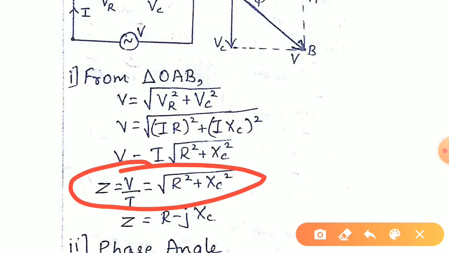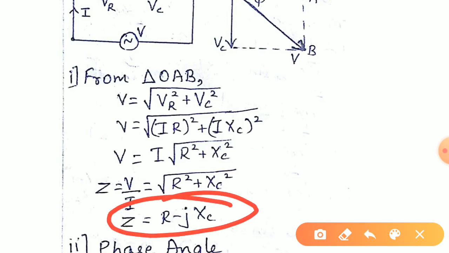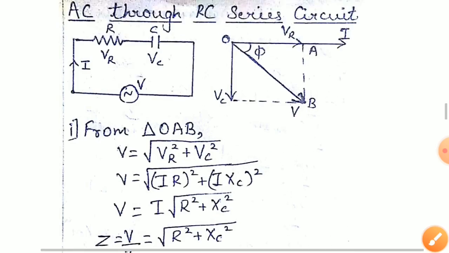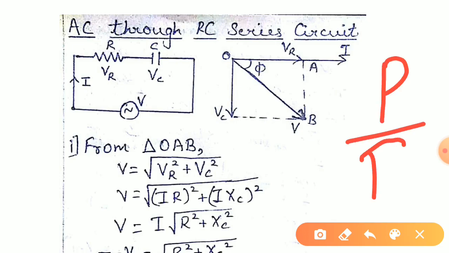If we take the equation in complex form, then we can have Z is equal to R minus JXC. If we talk about the phase angle, then we have to evaluate tan phi. How can we find out tan phi? Tan phi is perpendicular upon base.